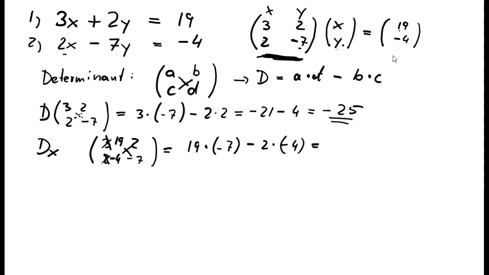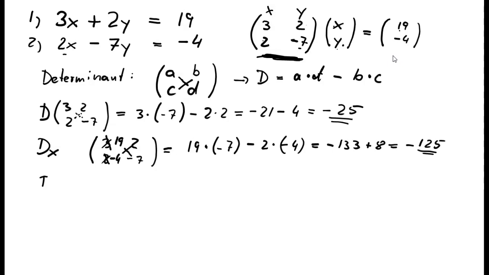So negative 7 times 19 gives us negative 133, minus 2 times negative 4 gives plus 8. So we would get negative 125 for the x determinant.